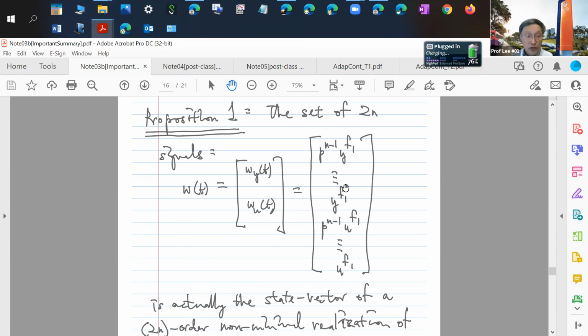As you do your CA1, I told you there's a very, very detailed file to help you write your report by my earlier GA, Dr. Sun Lu. You will see down there that in Sun Lu's file, he has carefully shown you the proof of proposition 1 specific to n equals 2 system of your CA1.